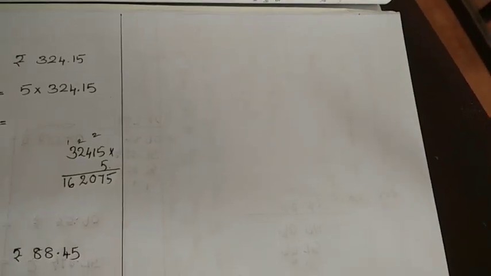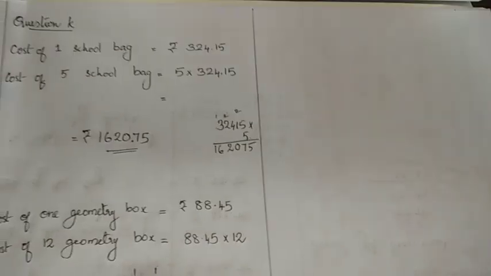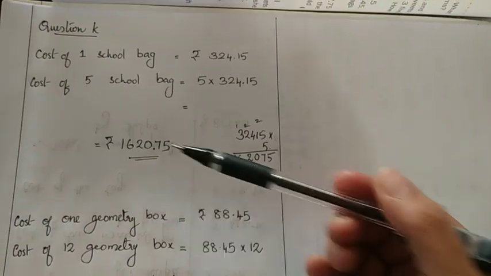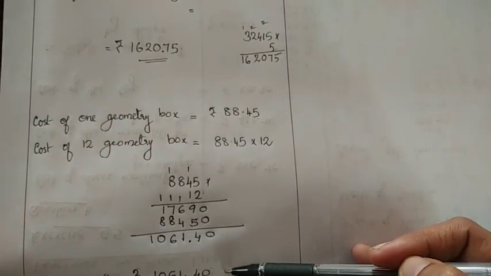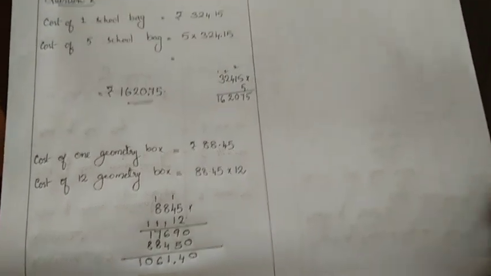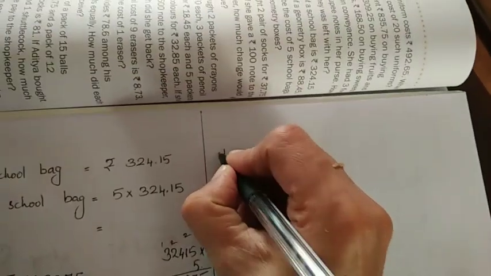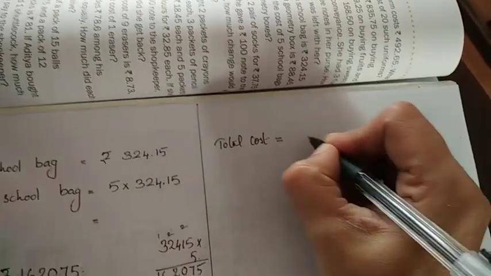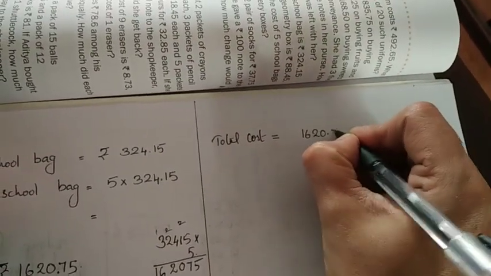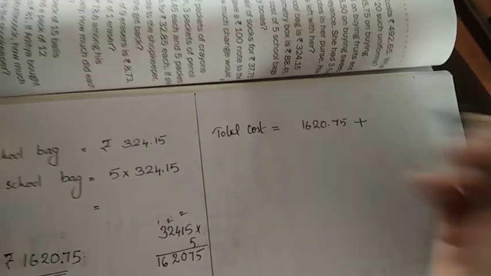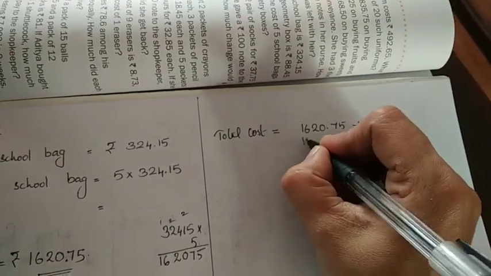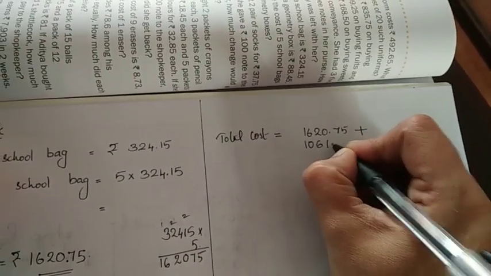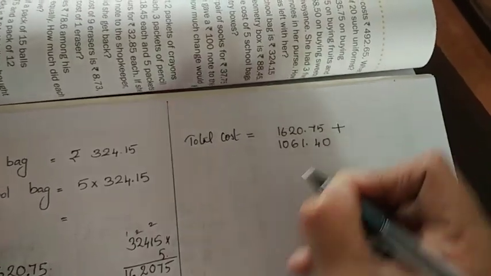Now the answer is not completed. We should add this amount and this amount. Then only we will get the total cost. So we can write total cost is equal to 1620.75 plus 1061.40.